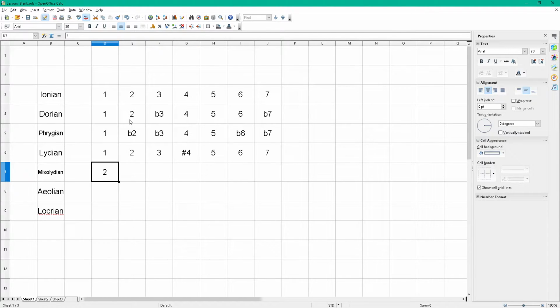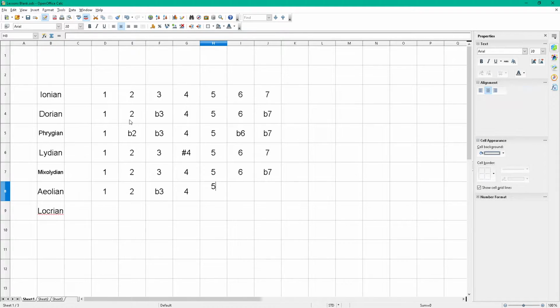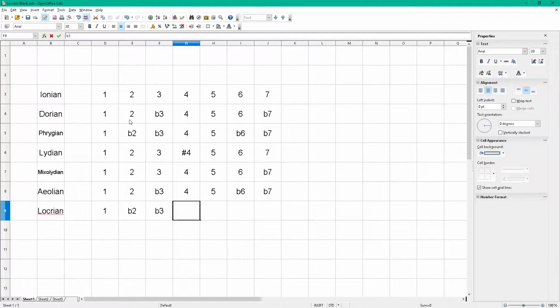We know that Mixolydian is 1, 2, 3, 4, 5, 6, flat 7. Aeolian is 1, 2, flat 3, 4, 5, flat 6, flat 7. And Locrian is 1, flat 2, flat 3, 4, flat 5, flat 6, and flat 7.